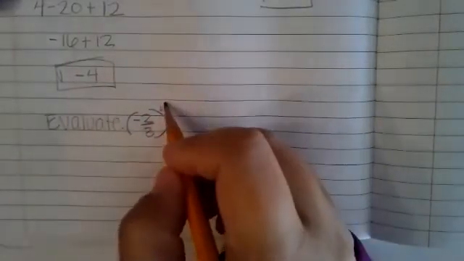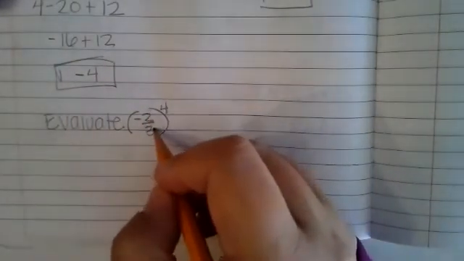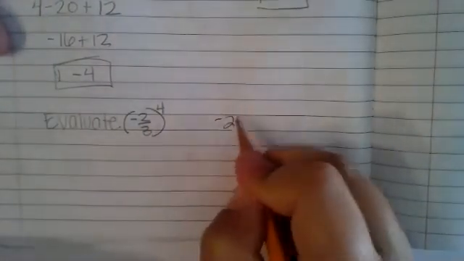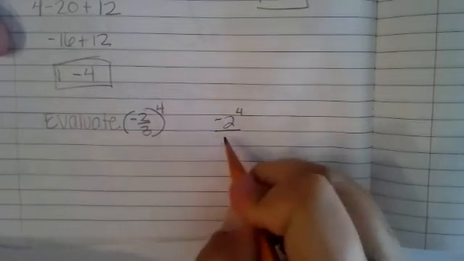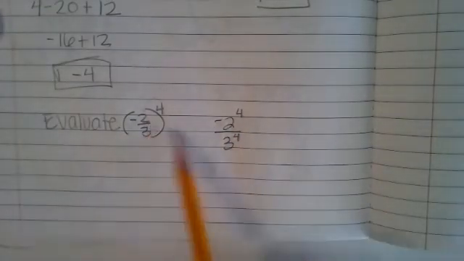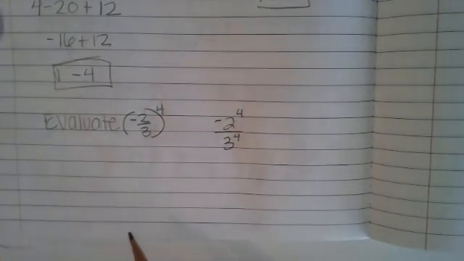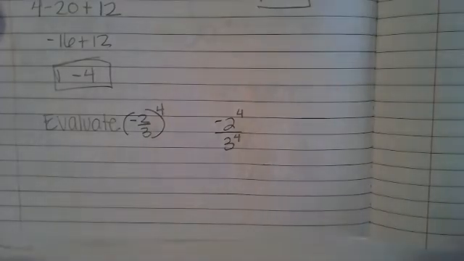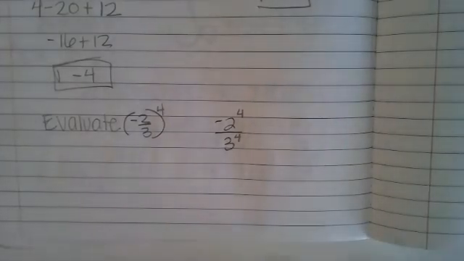The next thing is that this power actually gets distributed to both parts of the fraction here. So what I'm looking at is negative 2 to the 4th over 3 to the 4th. This and this are the same thing. Now, that might still be hard for us to wrap our heads around.